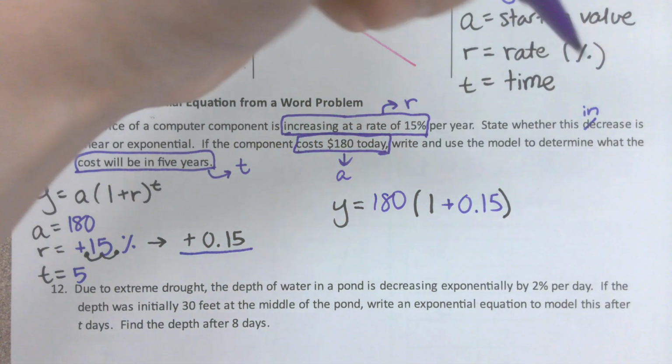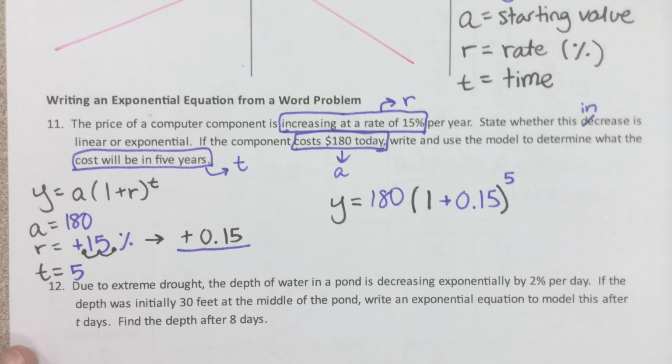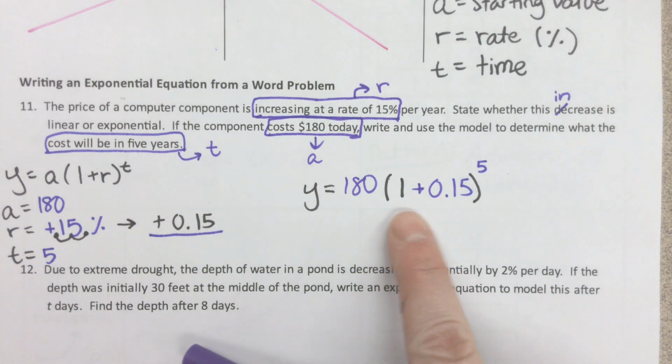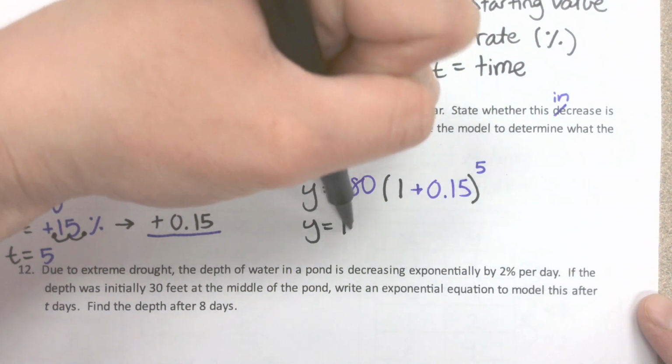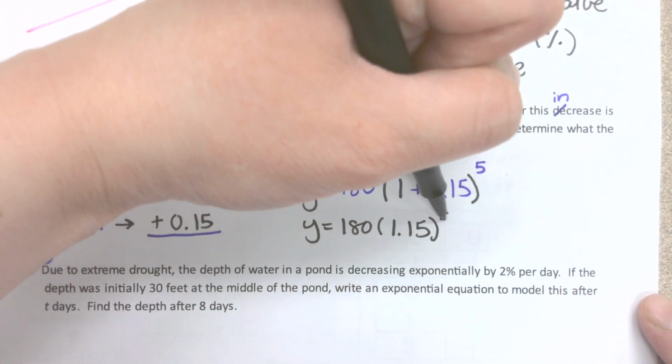And our t is 5. So this is to the 5th power. I'm going to go one step before the calculator, not because it's hard to type into the calculator like this, but there's a point I want to make here. So let me add these two numbers in the parentheses. This is y equals 180 times 1.15 to the 5th power.